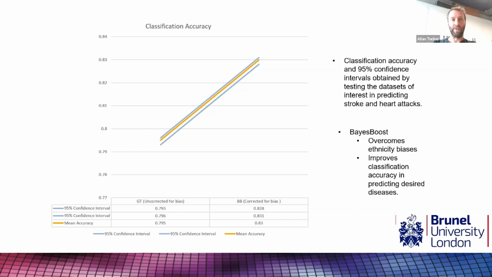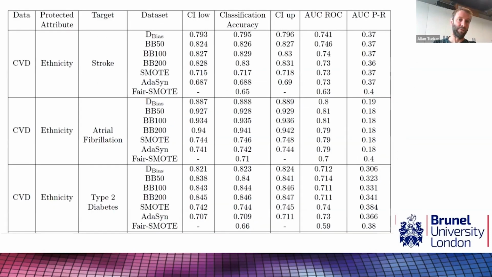And it's not just accuracy, of course, we can also see improvements in precision, in recall, and we've explored a number of different protected attributes. Like here is ethnicity for stroke, atrial fibrillation, and type 2 diabetes predictive models, but also gender, we've explored region, and we seem to get consistent improvements when we identify those underrepresented cases.